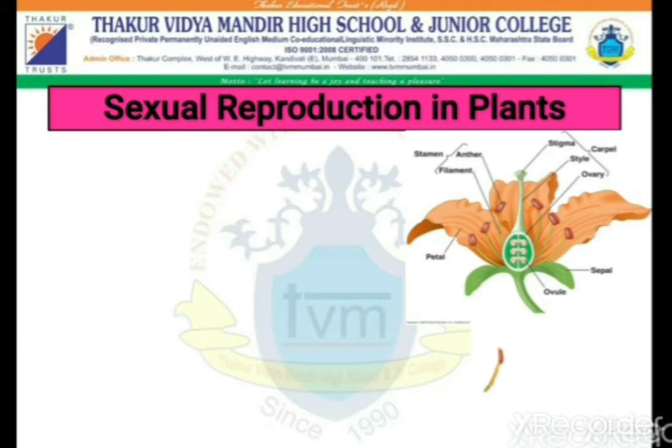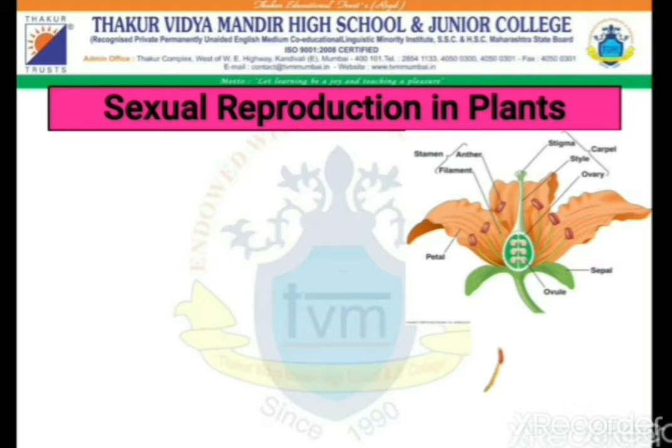Whereas there are certain plants in which the flower is bisexual. It means that the plant contains male gamete as well as female gamete. So in today's part, the sexual reproduction which we will be discussing is of a plant which contains male gamete as well as female gamete.